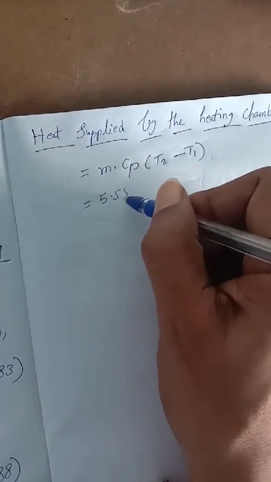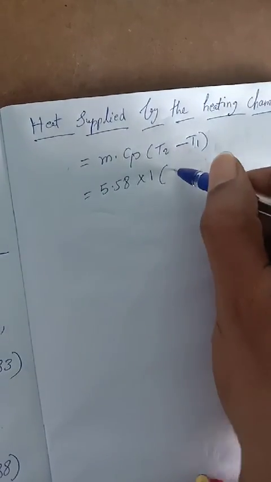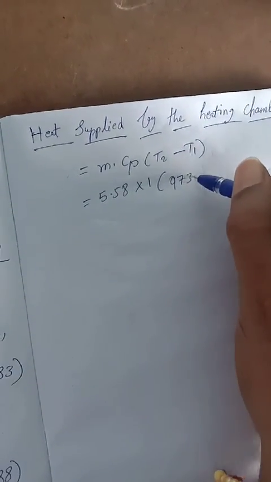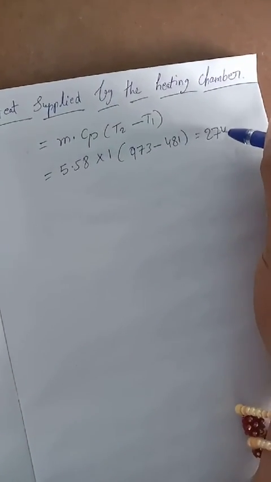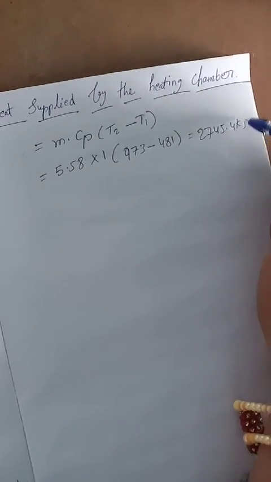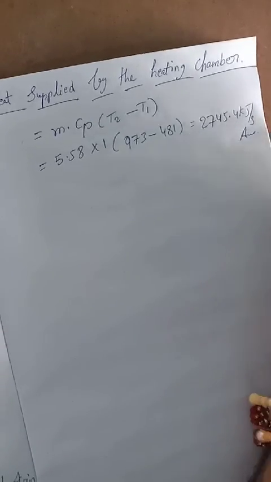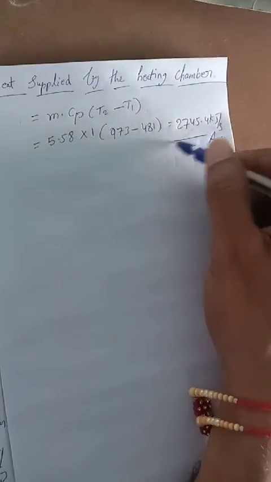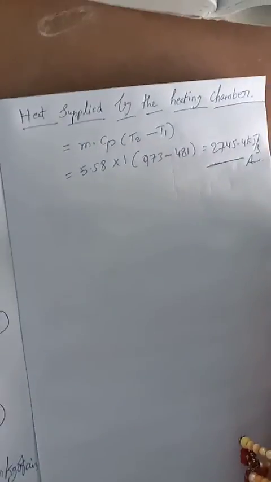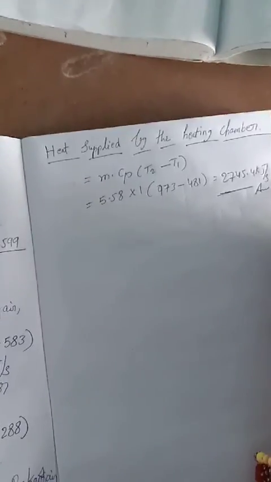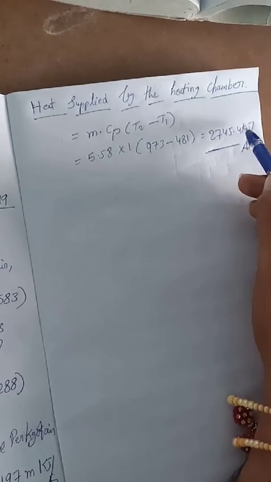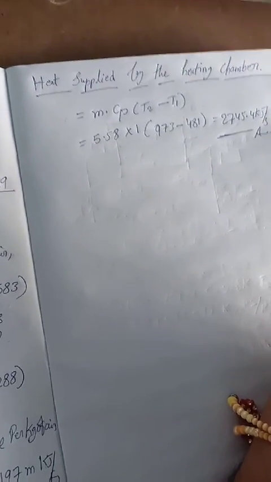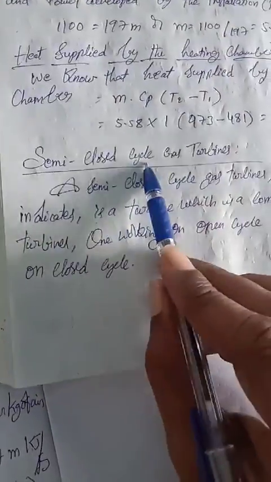The m value we have found here, Cp is taken as 1, then T2 and T1. Calculate this and we will get the answer in kilojoules per second. This is the final answer. Now we can calculate power, P is equal to 2745.4 kilowatts.